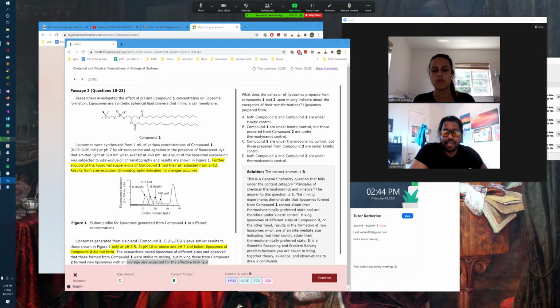If you're mixing them and they retained their original sizes, nothing changes in terms of stability, because they still have the same sizes. They just happen to be next to each other now in the mixture. Whereas this comes from something with different sizes, but forms one larger thing.